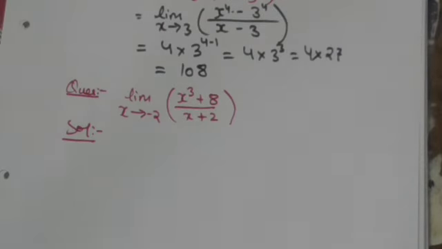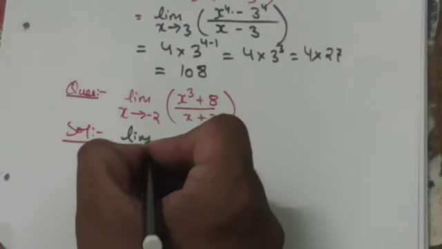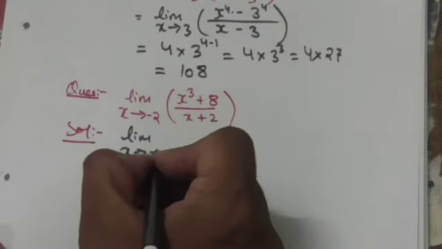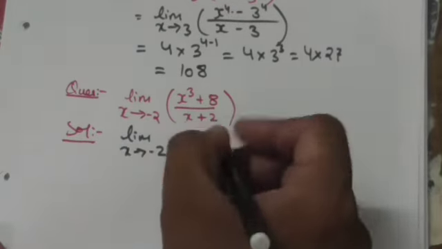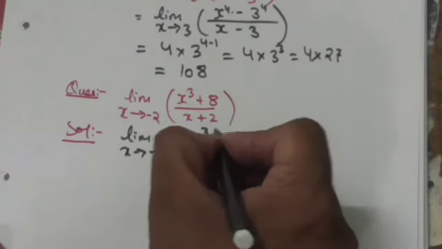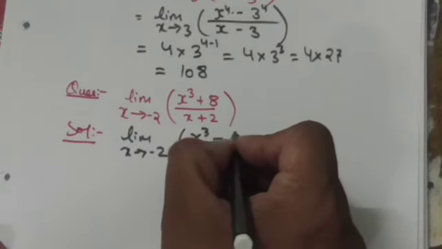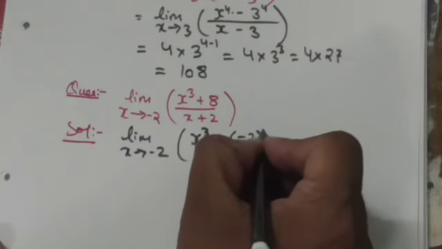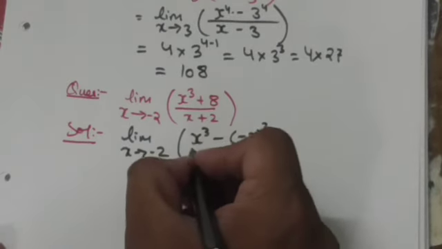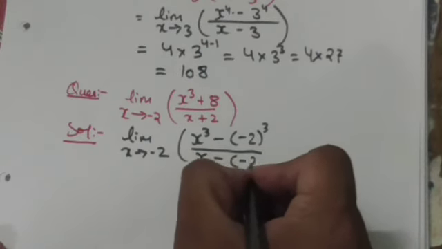So in this case, we can write it like this: limit x tends to minus 2, now x cube plus 8 can be written as x cube minus minus 2 raised to power 3, upon x minus minus 2.